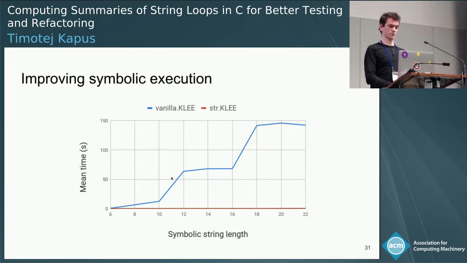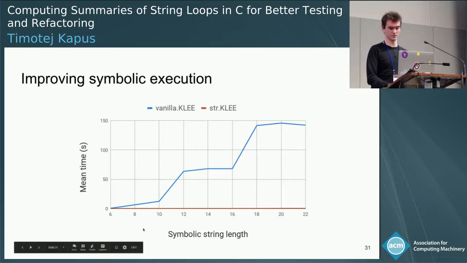You can see that the constraint-based, or vanilla KLEE, approach increases quite a lot in steps, which just indicates this was done with a 4-minute timeout. So different classes of loops start to time out. And when we gather constraints with the theory of strings approach, it's just flat, and you can't even see it increasing.